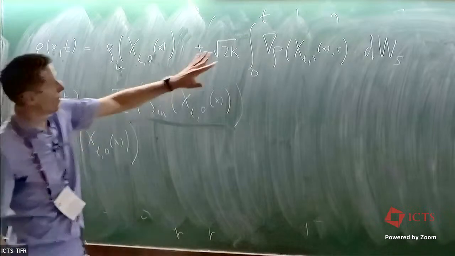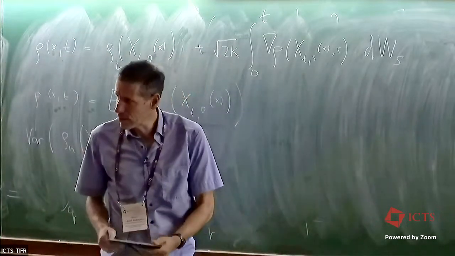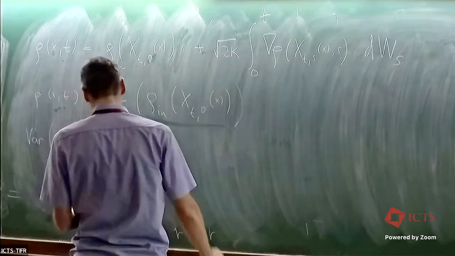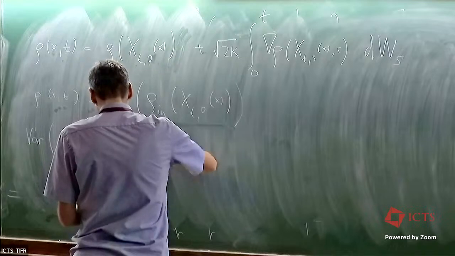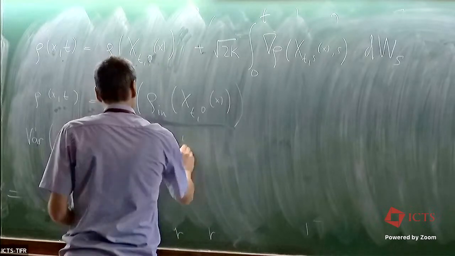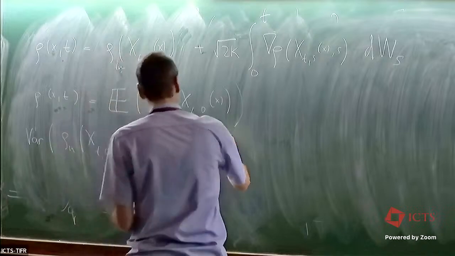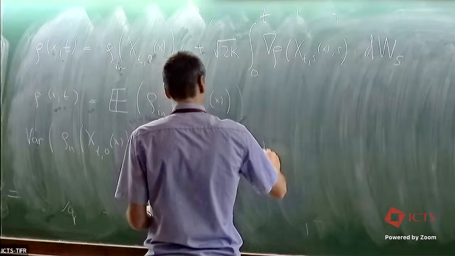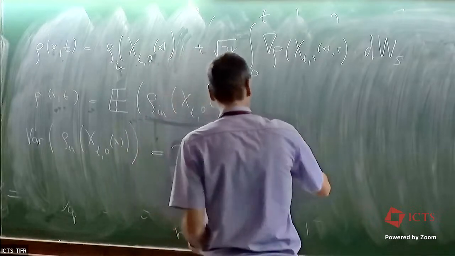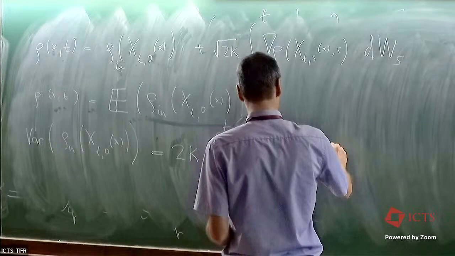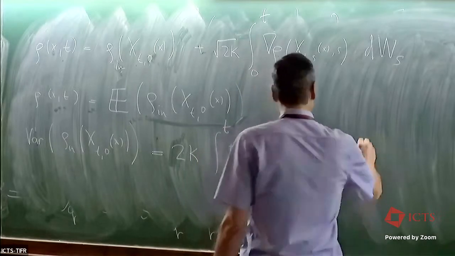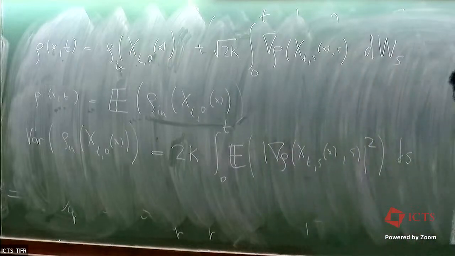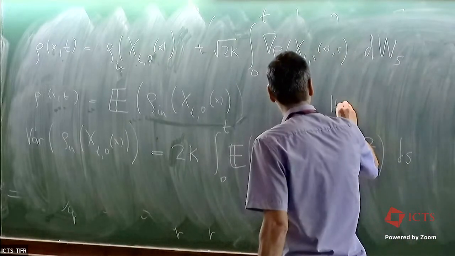It's just the square of this, which is the Ito isometry, I guess. It is 2 kappa times the integral from 0 to t of the expectation of gradient rho squared ds. Okay? Ito isometry.